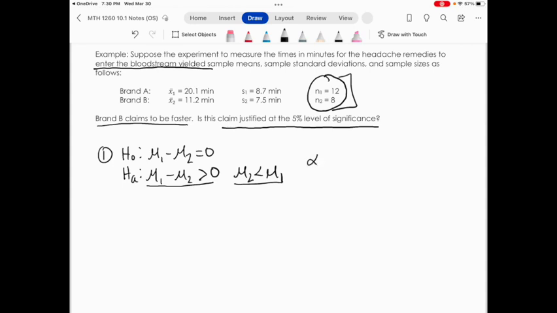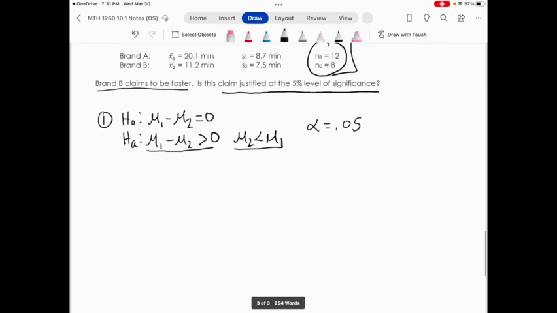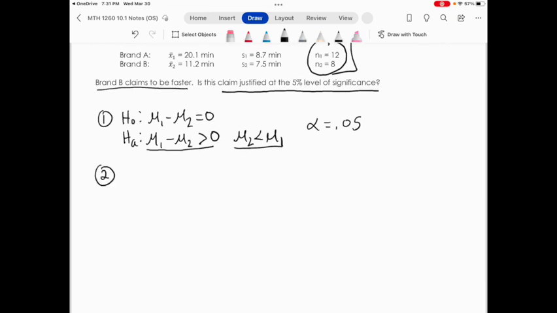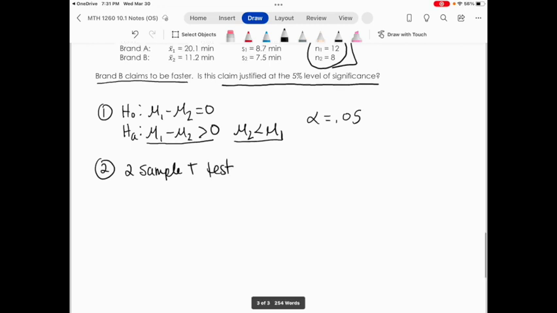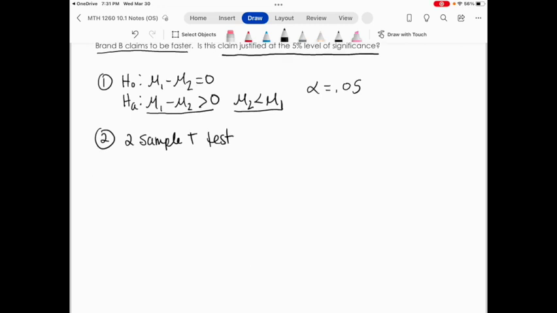Now in step 2, we already know that we can justify using a 2-sample t-test. Because we're checking to see if mu1 minus mu2 is greater than 0, that's going to be a right tail test.